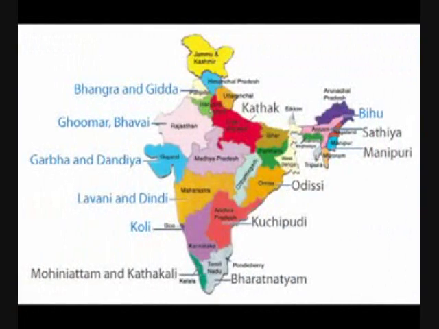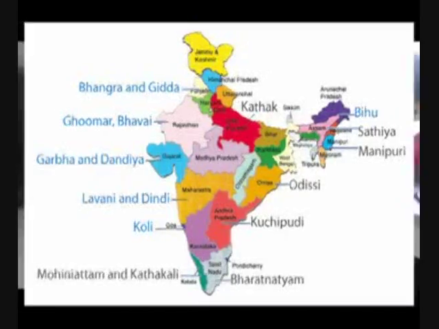In India, there are more than 6 different classical dance styles, and each of them comes from different parts of India. Each state has their own unique dances, and each dance style influences the environment and the customs and traditions of their states.